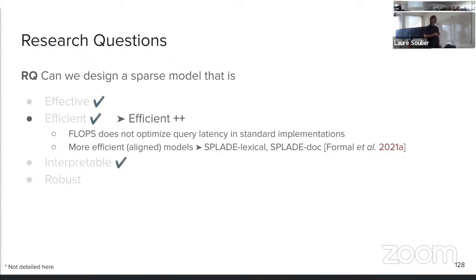And this is partly due to the fact that standard implementations of inverted indexes are quite inefficient to deal with long queries, which is the case with SPLADE because we do a lot of query expansion. And so we propose some more efficient or aligned versions of the models in order to partly fix this issue.